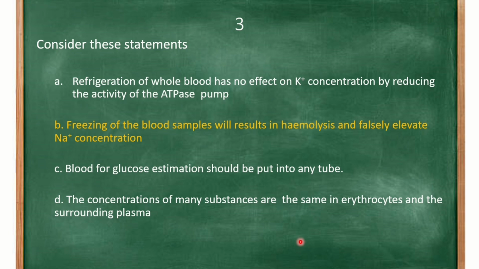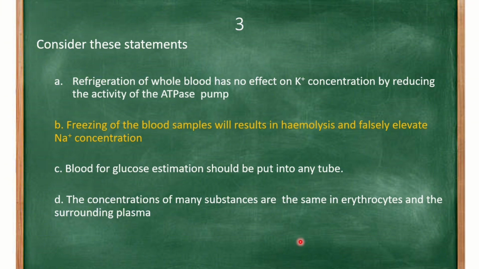Let's look at B. It says that freezing of the sample results in hemolysis and falsely elevated sodium levels. When you freeze a sample, some of the cells that lyse can release the intracellular sodium into the extracellular space, but the amount of intracellular sodium is very small, and so the final alteration will not be so significant.